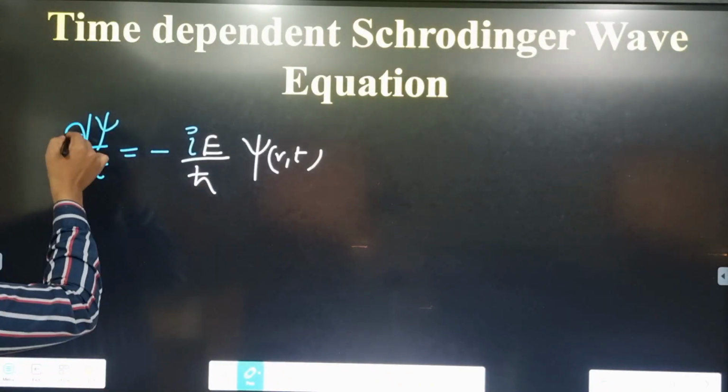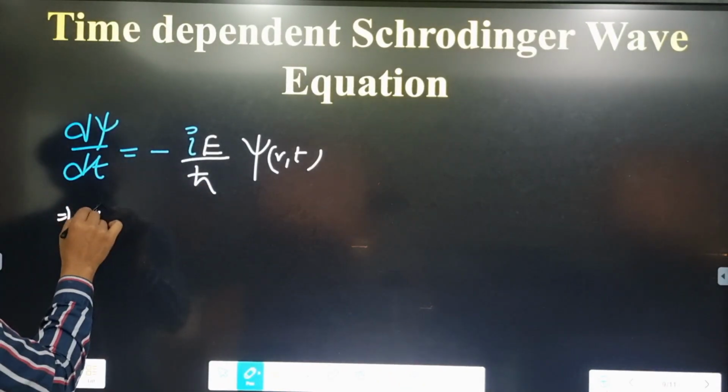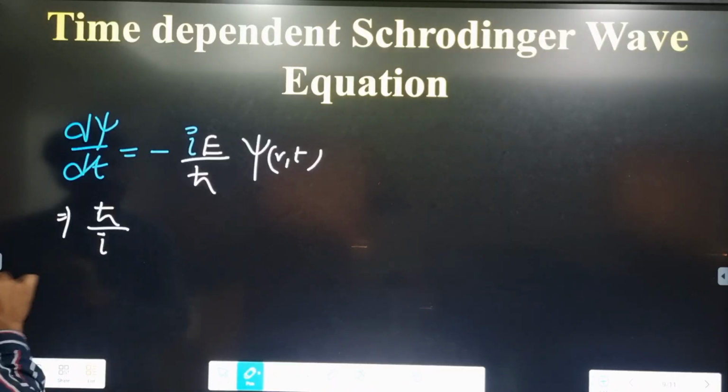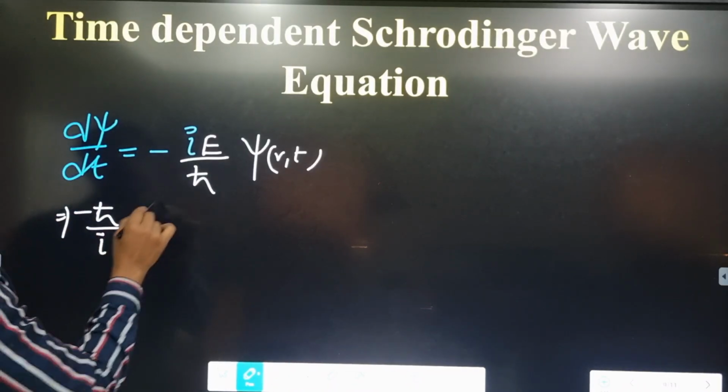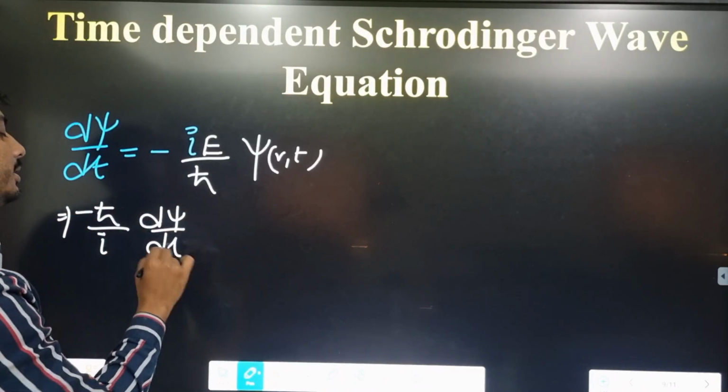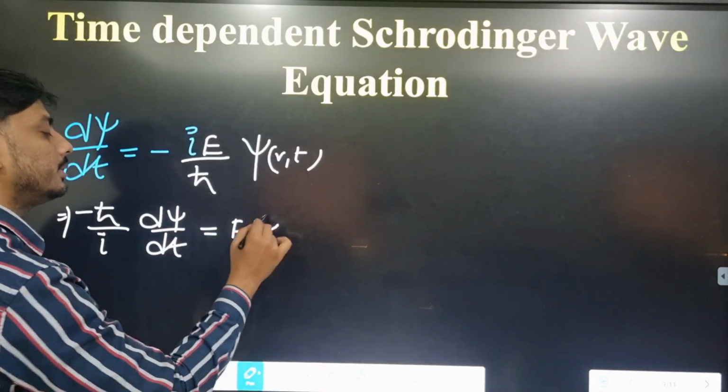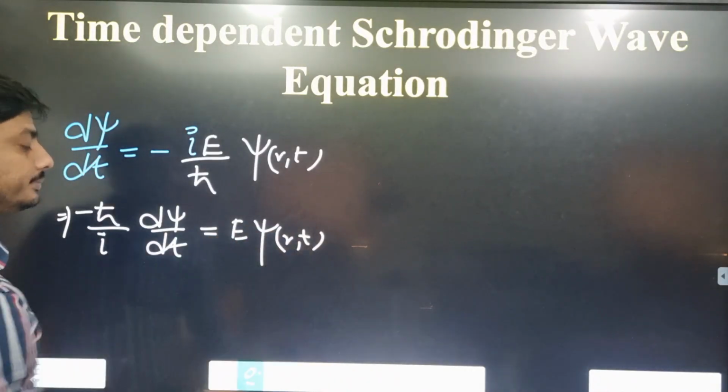Then if we cross multiply, this will be h cross by i, negative sign is there, d psi by dt equals E psi function of (r,t).